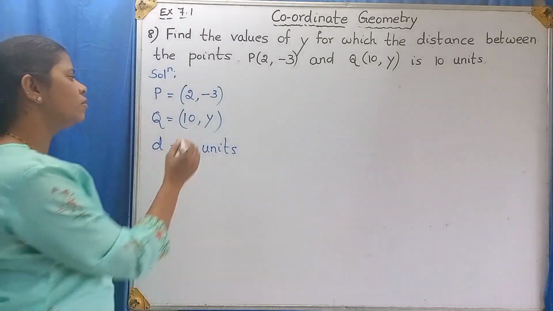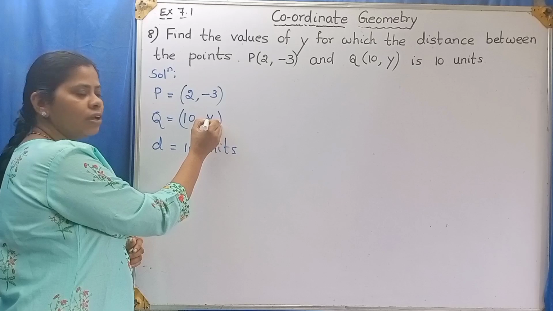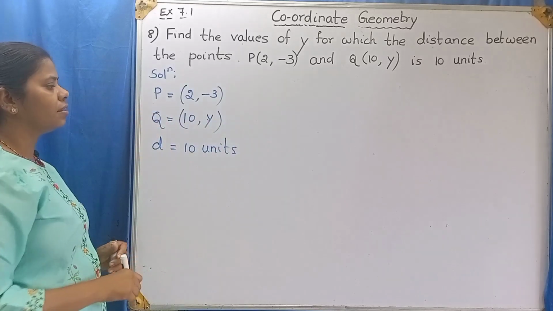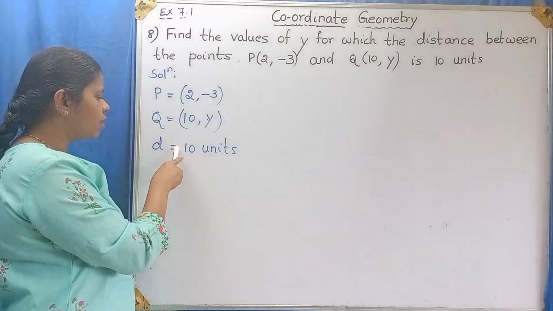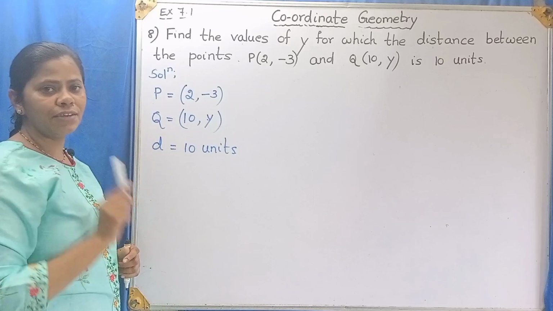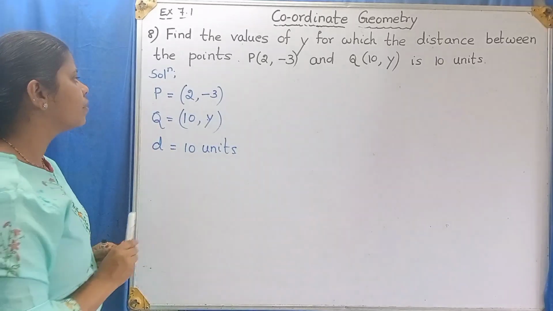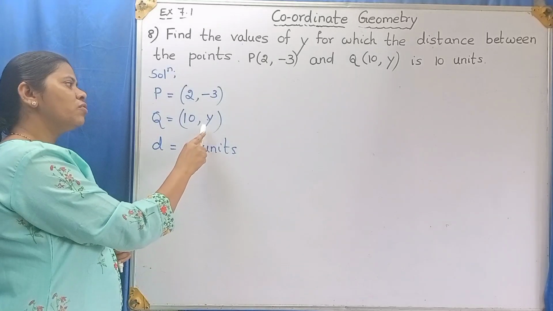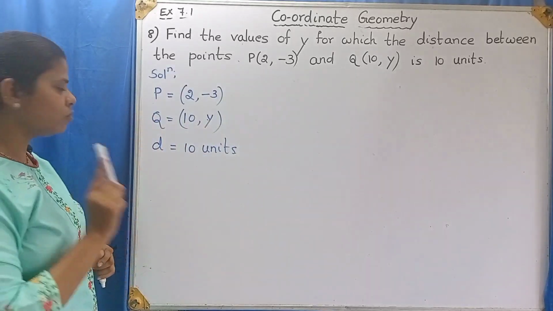What we have to find out? We have to find out the y coordinate of the point Q. The distance between the two points, P and Q, is given, and the coordinates of P are given, and we have to find the y coordinate of the point Q.